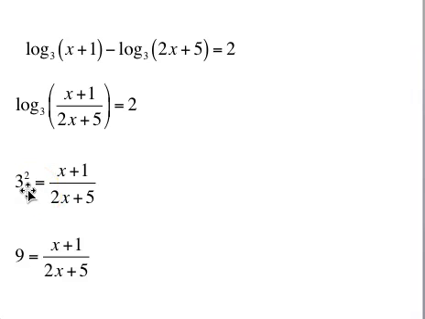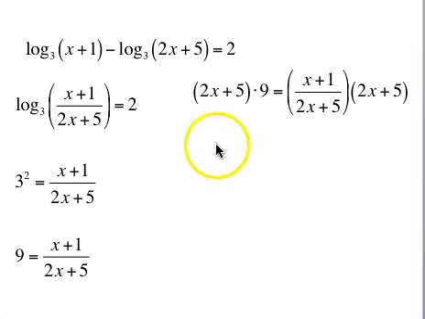And now we get to this challenging intermediate algebra question. How do we solve for x? I have a numerator and a denominator. This is a rational function. I'm going to multiply both sides by the denominator 2x plus 5 so that I will no longer have a fraction to work with. So multiply the left by 2x plus 5, multiply the right by 2x plus 5.